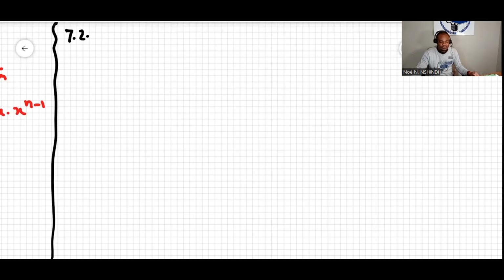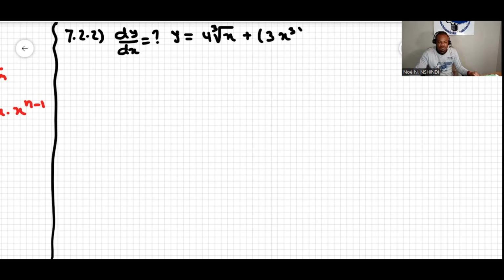So we need to find dy dx. If y is equal to 4 cube roots of x plus (3x) cubed to the power of 2.